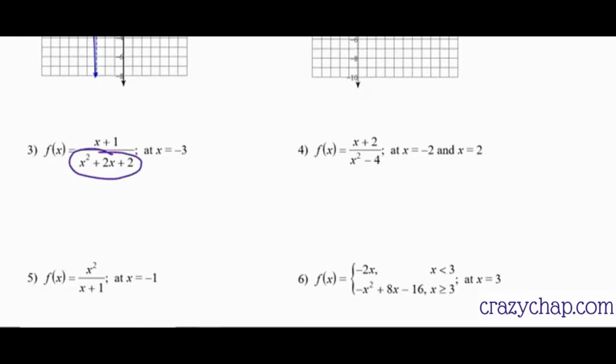Do we get any value of x for which the denominator becomes 0? We'll check it out.